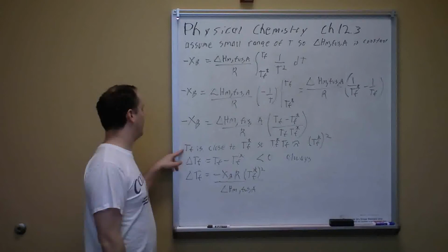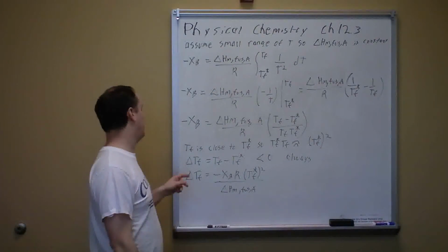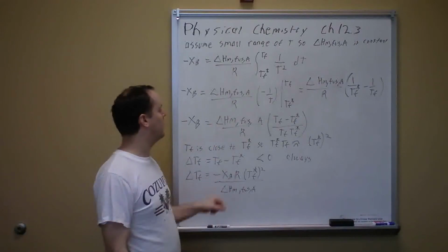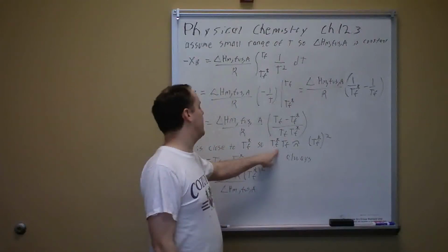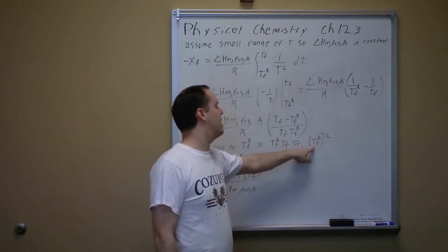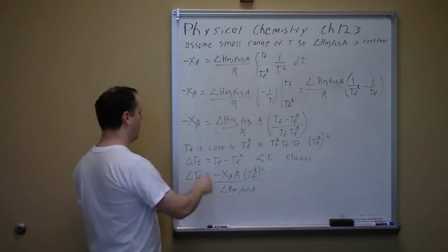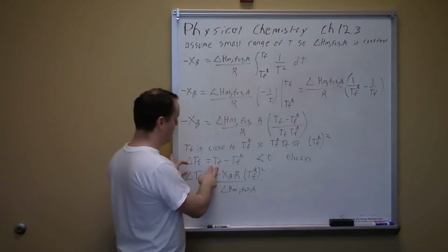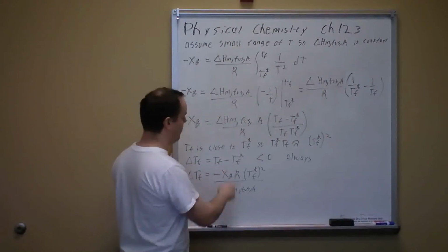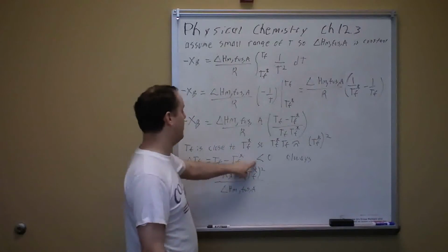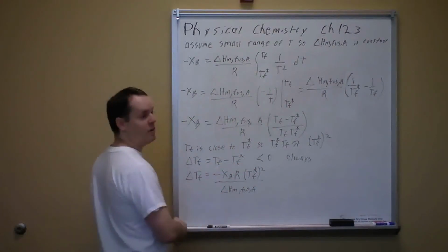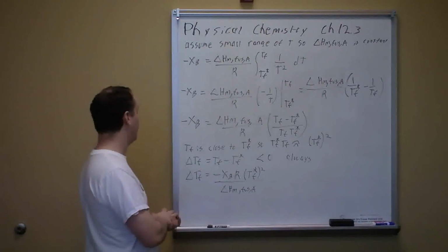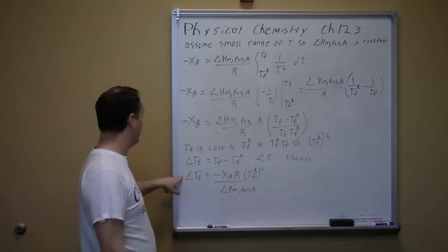Now we're going to also assume that our final freezing point is pretty close to the original freezing point. Remember, star is unmixed. So TF times TF star is roughly equal to TF star squared. We also know that the change in the freezing point temperature is just the freezing point temperature minus the original freezing point temperature. And that's always going to be less than 0, because of our colligative properties, remember, adding a solute causes freezing point depression in our solvent.